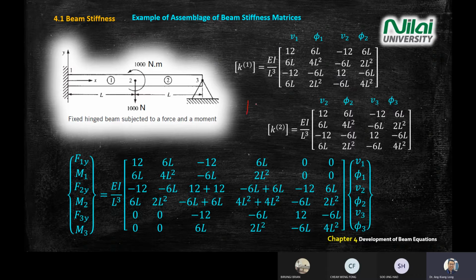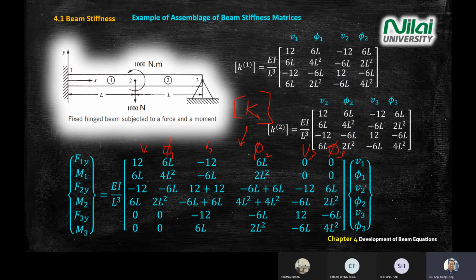After you get the capital K, the big matrix, we did this one. For this example, you have 3 points. So you have V1, rotation 1, V2, rotation 2, V3, rotation 3.